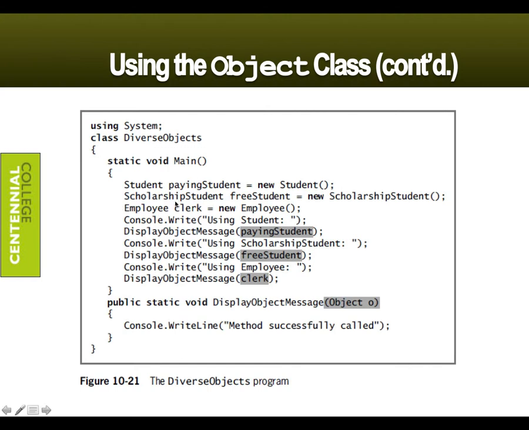So if I pass an object, clerk, into this display object message method, then it would go in, because even though clerk is of type employee, it's also of type object, because every custom object we create is of type object.